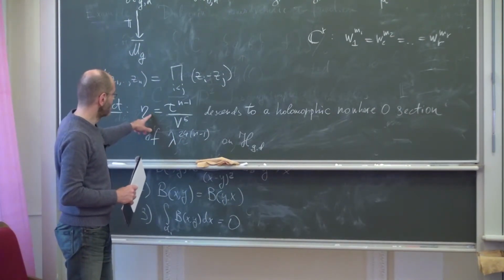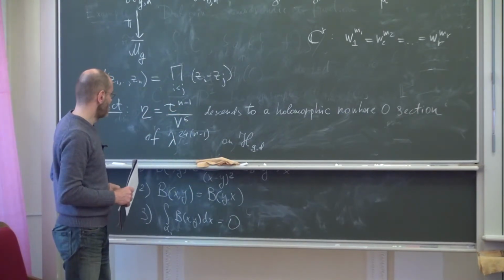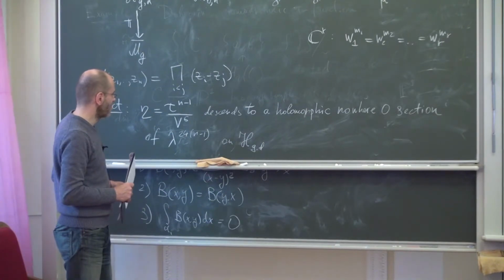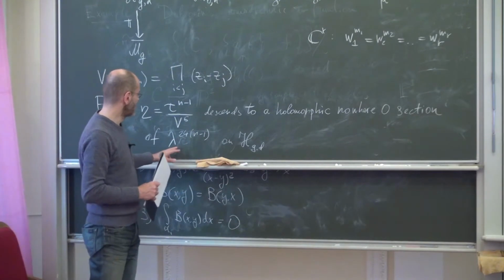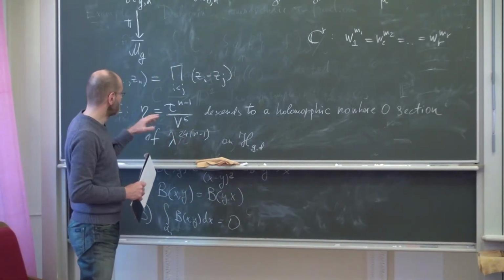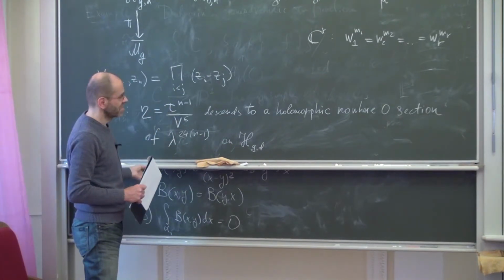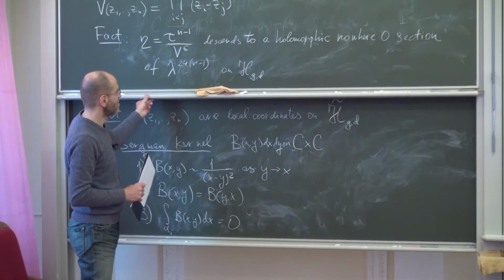Then this eta, the ratio of two holomorphic objects, is a holomorphic section of this line bundle here. So we know how to get a section of a line bundle out of eta.